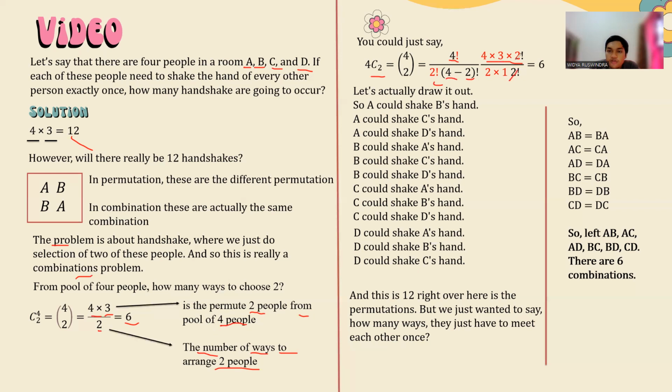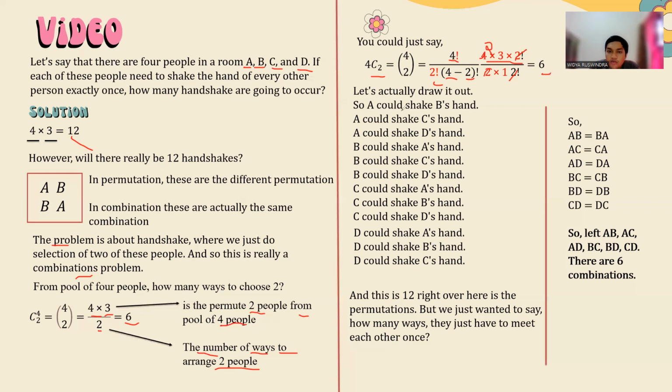So we cancel 2 factorial. 4 cancels with 2 and we have 2, and 2 times 3 is 6. So we have 6 combinations. Let's actually draw it out.